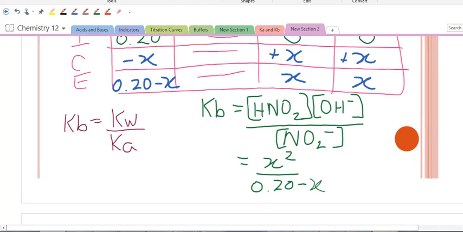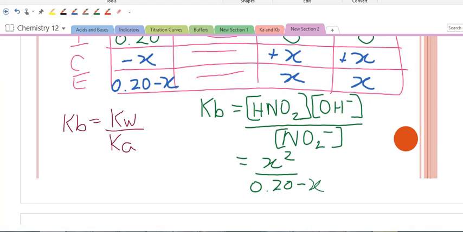So Kw is 1.00 times 10 to the negative 14, whereas Ka from the table, and you look it up for the HNO2, we can see that it is 4.6 times 10 to the negative 4.